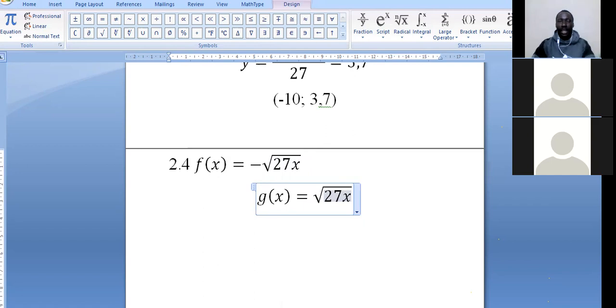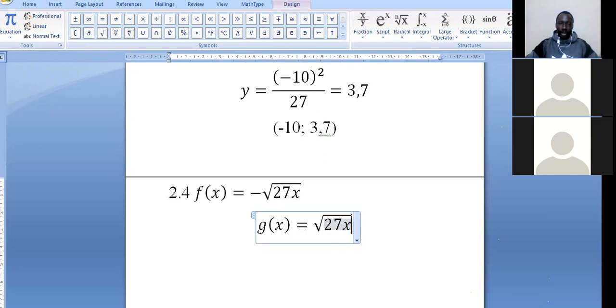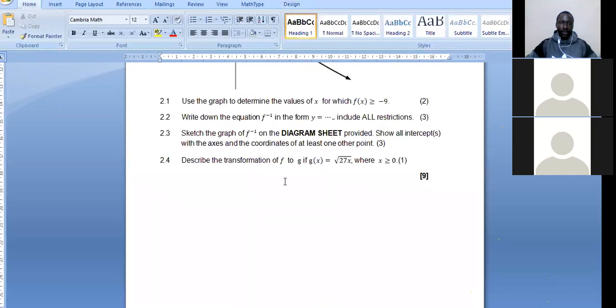What's the question? The question is that we describe the transformation. We are supposed to describe the transformation of f to g.